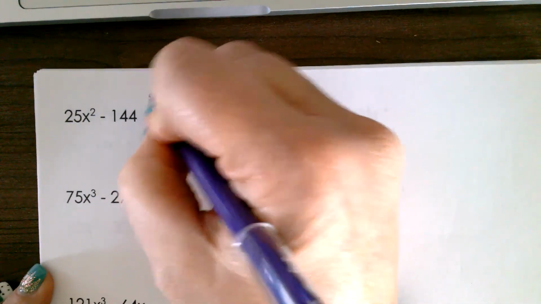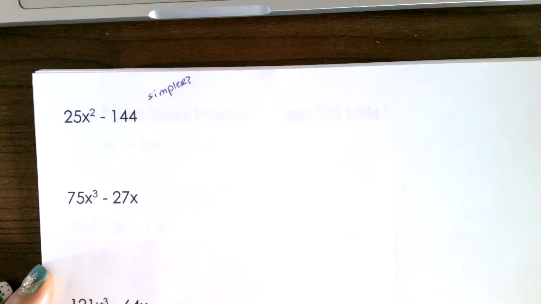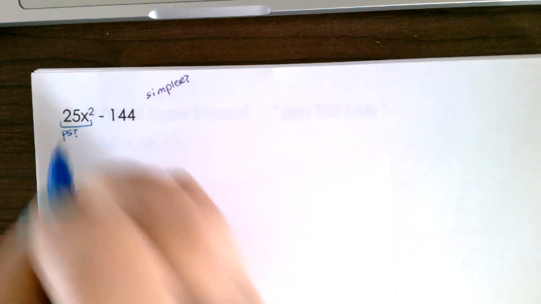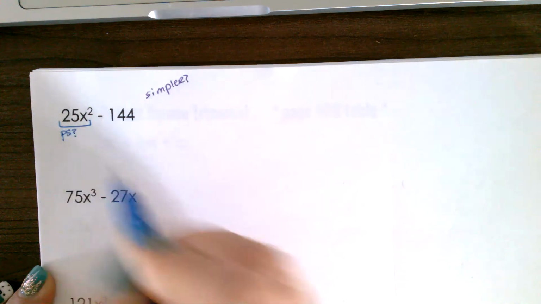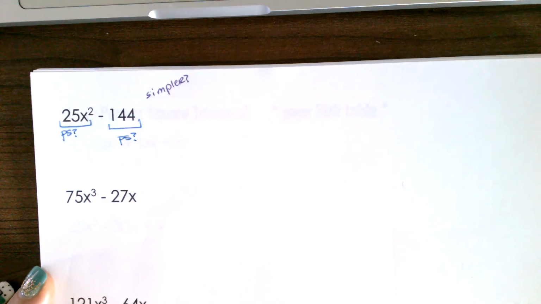Okay, can we make it simpler? I hope that every time you approach a problem, you are asking yourself that question. No, I cannot make this one simpler. But I notice I have a binomial. Then I will ask, is that a perfect square? Yes. Is that a perfect square? Yes.